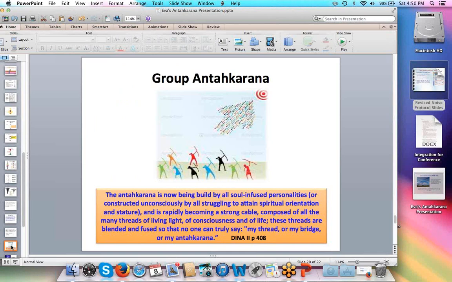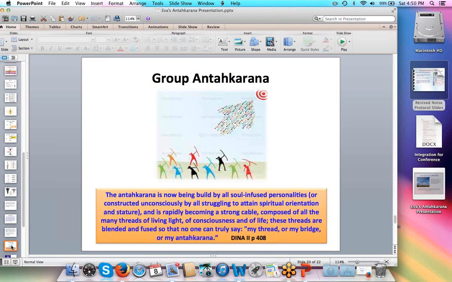And that we know because the creative thread, going to the personality, is done unconsciously, and is rapidly becoming a strong cable composed of all the many threads of living light of consciousness and of life. These threads are blended and fused so that no one can truly say, my thread, my bridge, or my Antahkarana.